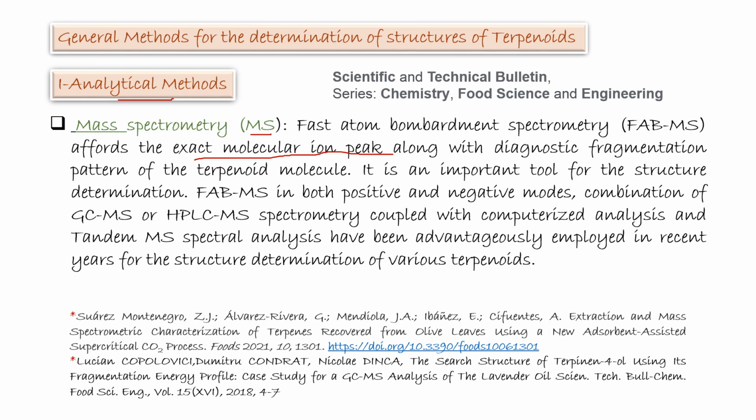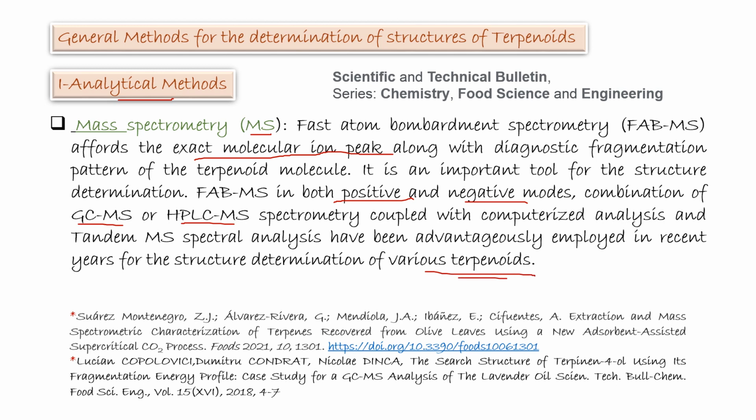FAB MS in both positive and negative modes, combination of GC-MS or HPLC-MS spectrometry coupled with computerized analysis and tandem mass spectral analysis have been employed in recent years for the structure determination of various terpenoids.